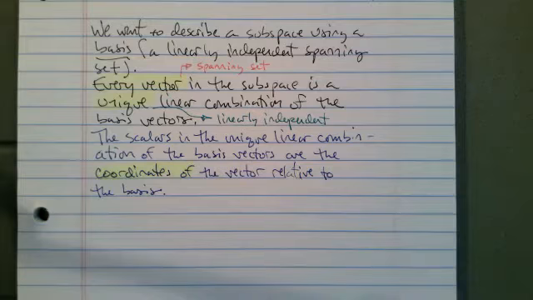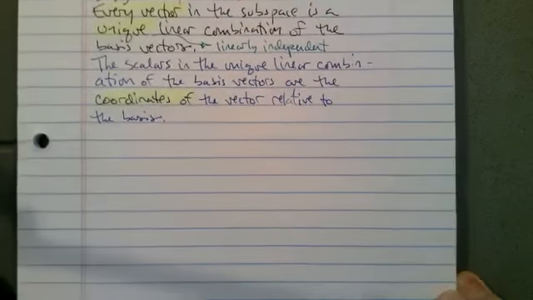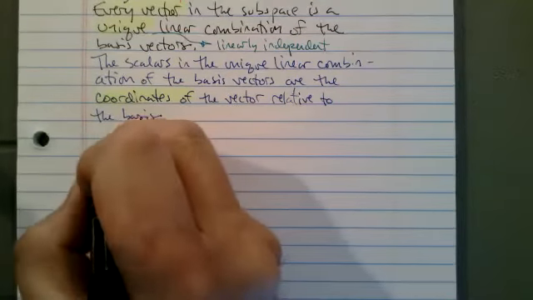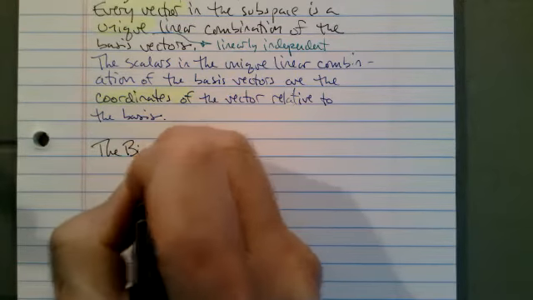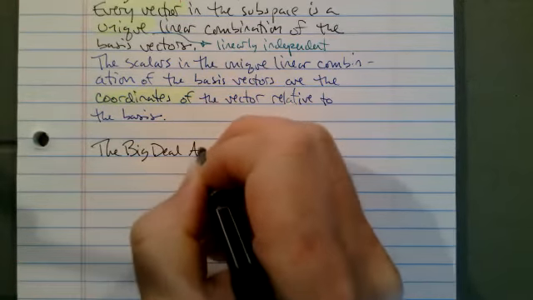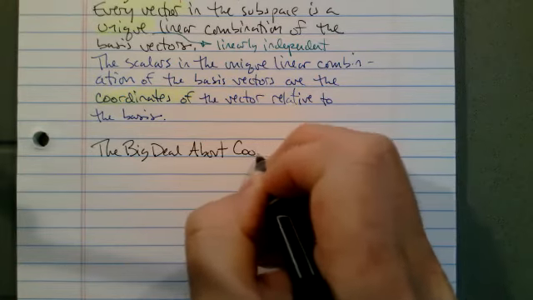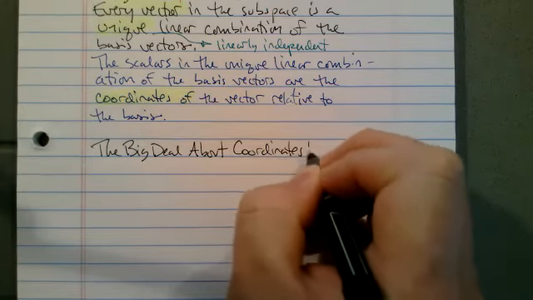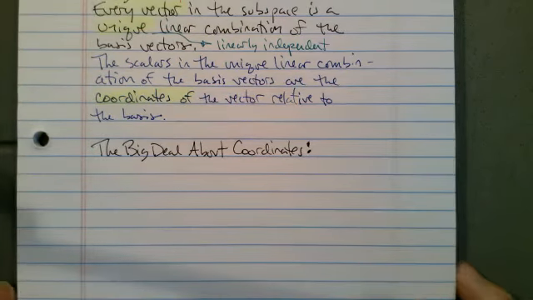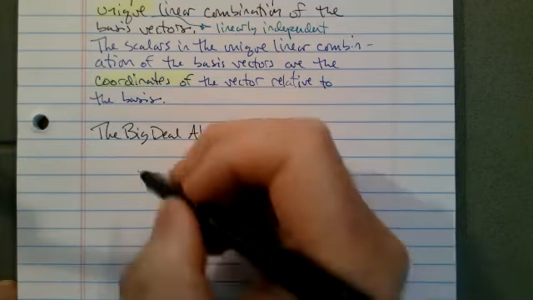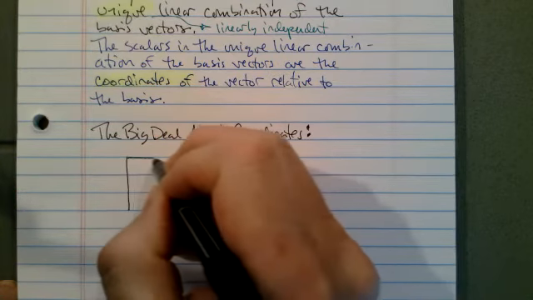The reason that the coordinate map is so important is that the coordinate map will tell us how to get from non-Rn vectors to Rn vectors. So that's kind of the big deal about coordinates. Just looking ahead, we'll take a set of vectors that aren't in Rn.